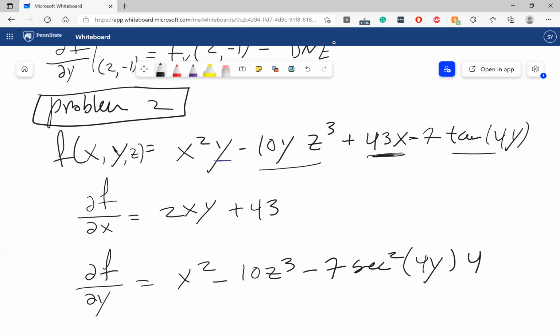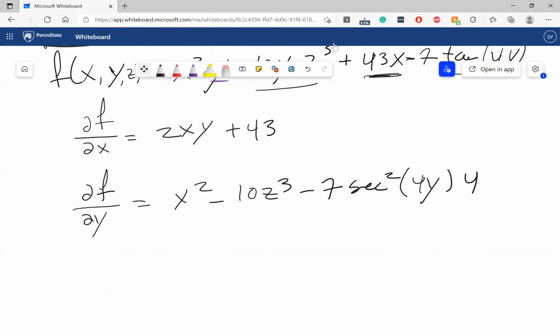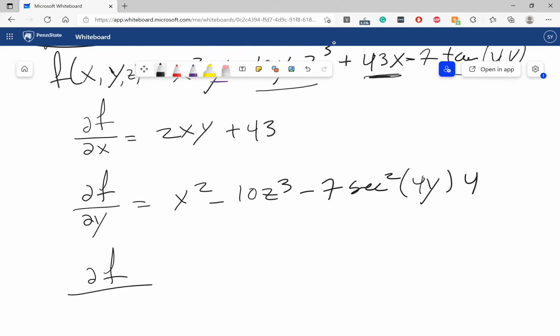And then what we can try is we can try to take the partial of f, well, first with respect to x and then with respect to y. And so that will be, well, you go to this problem over here, and now you take the partial with respect to y, and you get 2x.